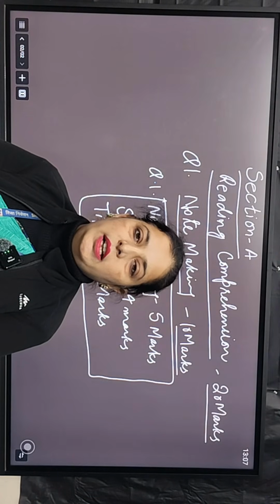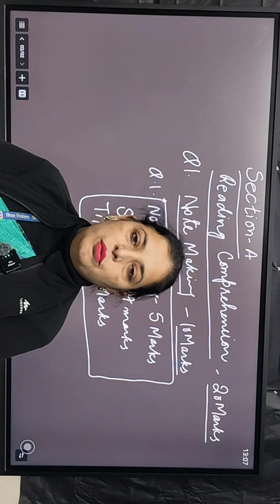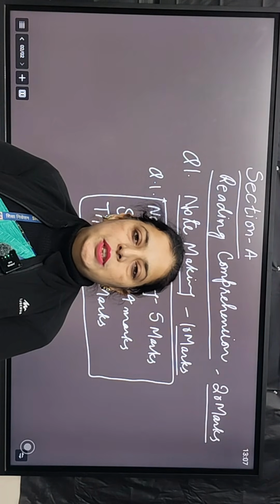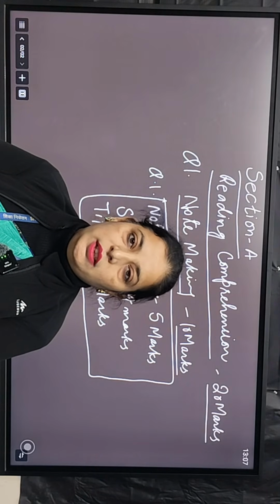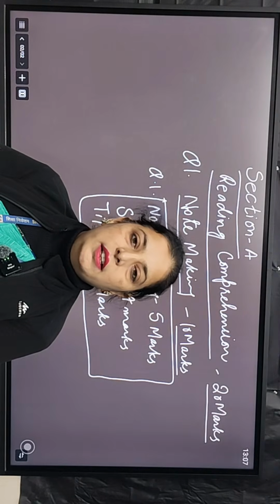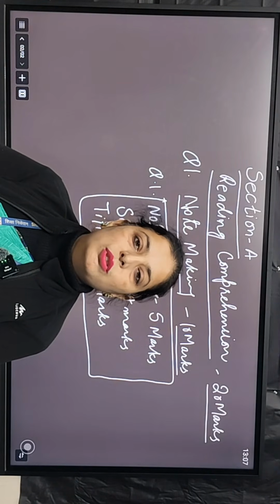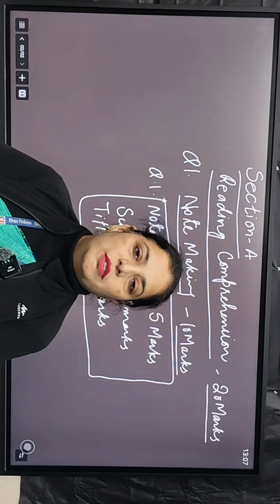We must not write a complete paragraph or complete sentences. We have to make the information to the point. We have to make it precise so that the reader can learn or identify the information from the notes only. We don't have to go through long pieces of writing.